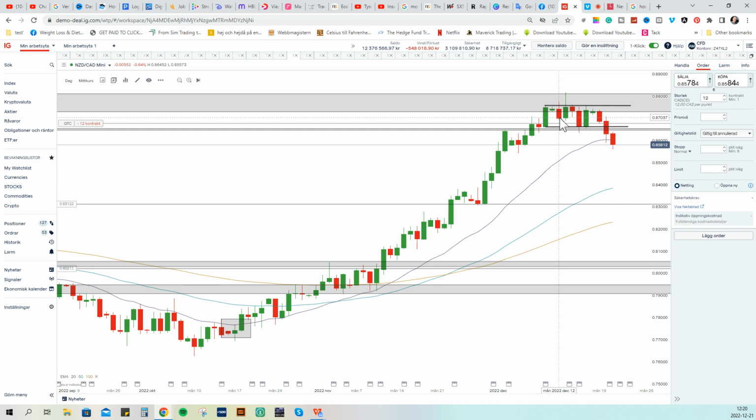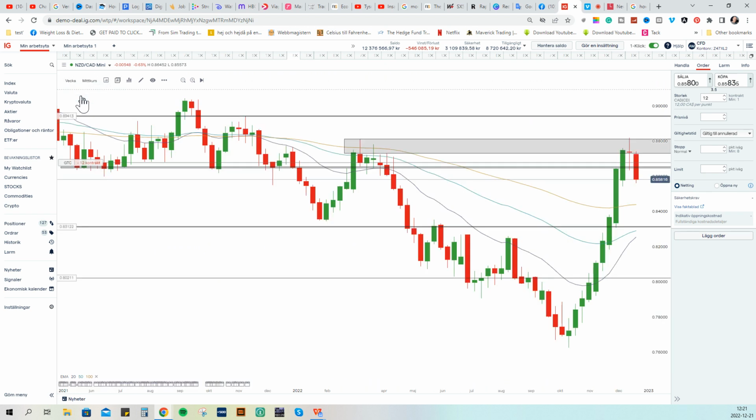Obviously, big institutions and banks were not happy, so they took the price up here for further stop loss hunting to get liquidity in this area. And you can see that this gray rectangular box is what I was talking about on the weekly time frame.